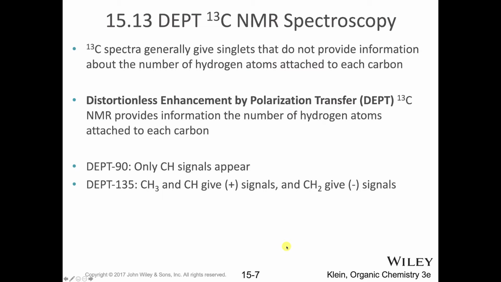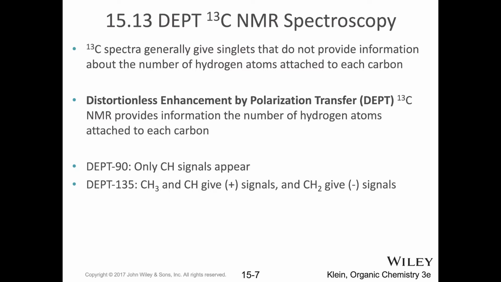The main idea that you need to walk away from this and be able to use this spectra and this technique is to know that when you perform a DEPT-90 spectra, what it does is it takes your normal broadband decoupled C13 spectra and it alters it in the following way. For DEPT-90, all of the carbons that have 3 hydrogens and 2 hydrogens and no hydrogens disappear.